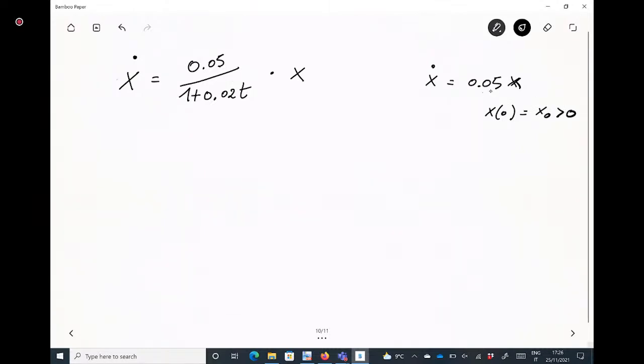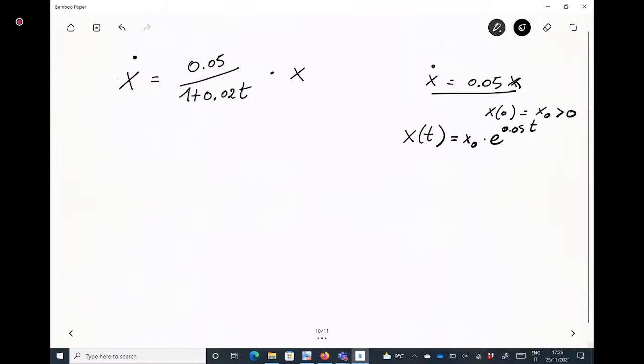In this case, what is the solution? x(t) is equal to x0 times the exponential of 0.05t. It is a constant growth model. This is very similar in practice, but not so similar analytically, because now we don't have a constant growth model. We have to solve this model.